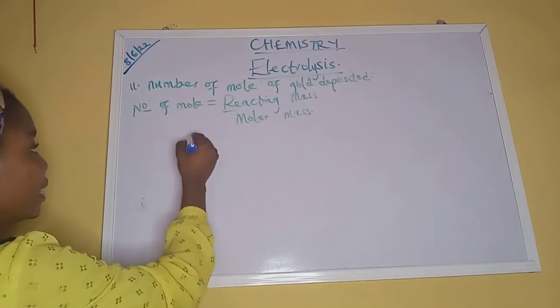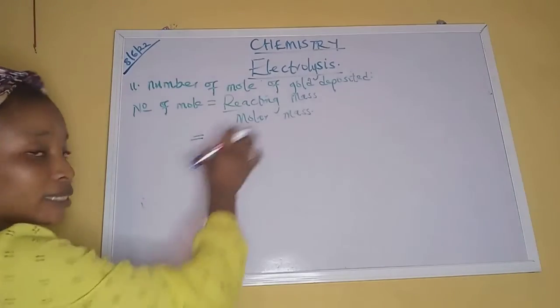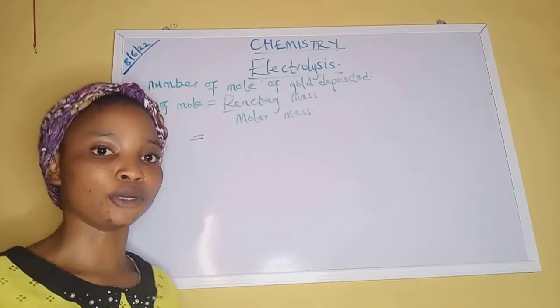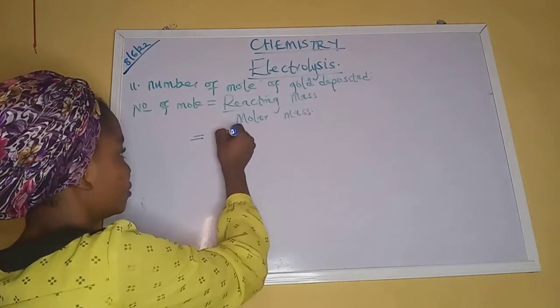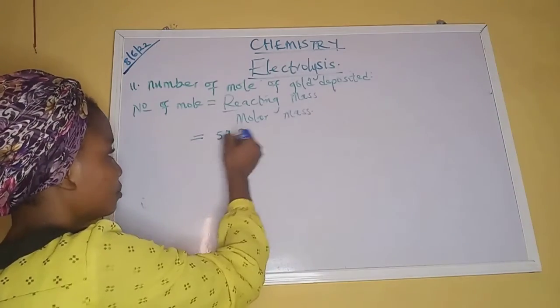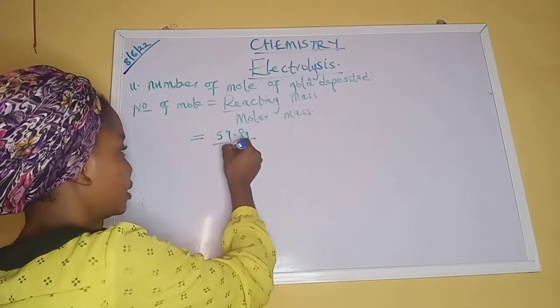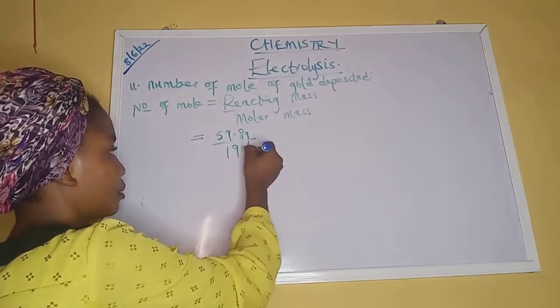So, we have our reacting mass, the mass we got by virtue of 28,350 coulombs, to be 57.8 grams over the molar mass of gold. That's 197 grams per mole.